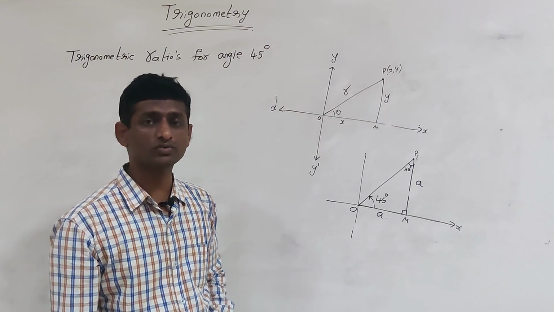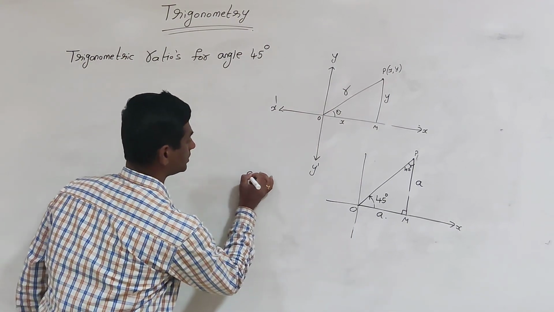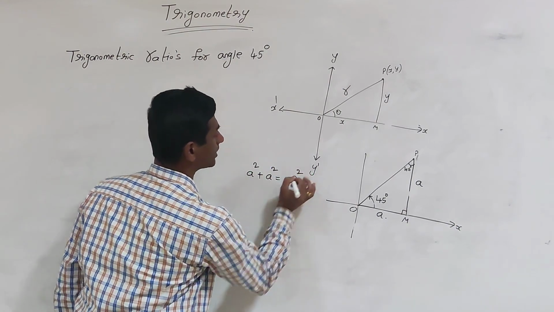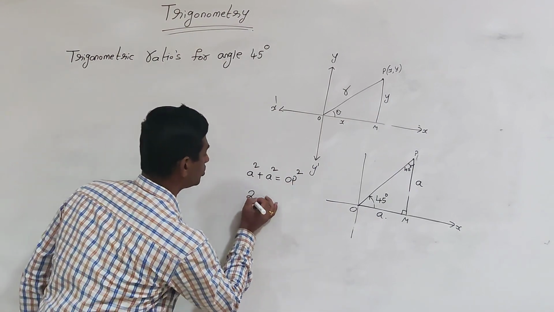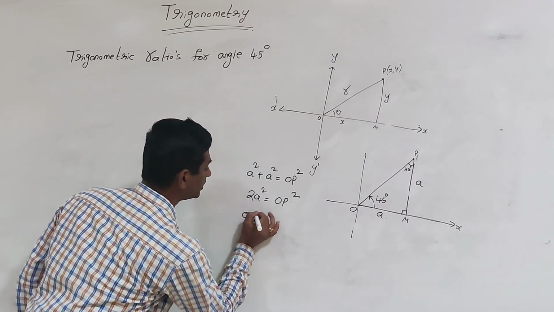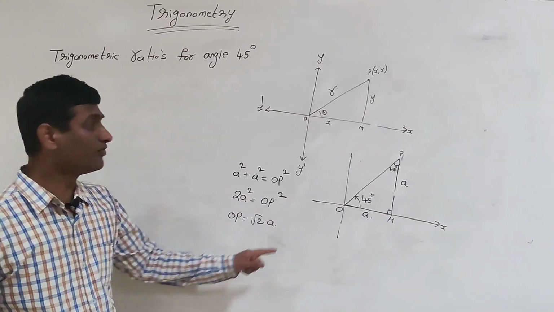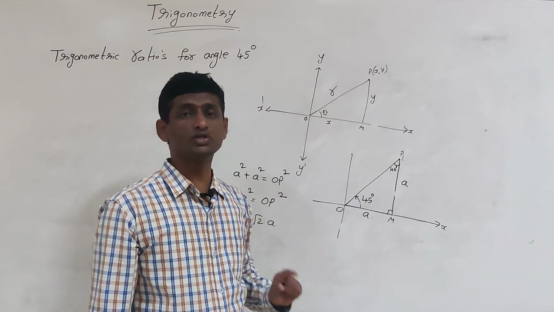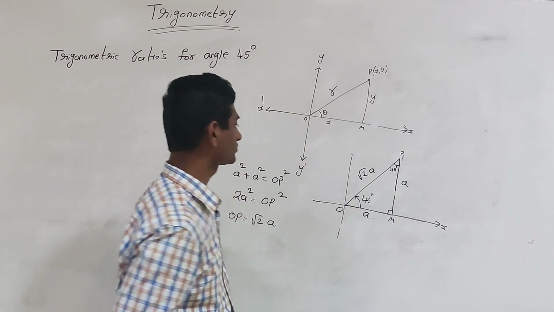In a right angle triangle, A square plus A square is equal to OP square. That is the hypotenuse square. 2A square will be OP square. Then what will be OP? It will be root 2 into A. The length of OP in a right angle isosceles triangle is root 2A.